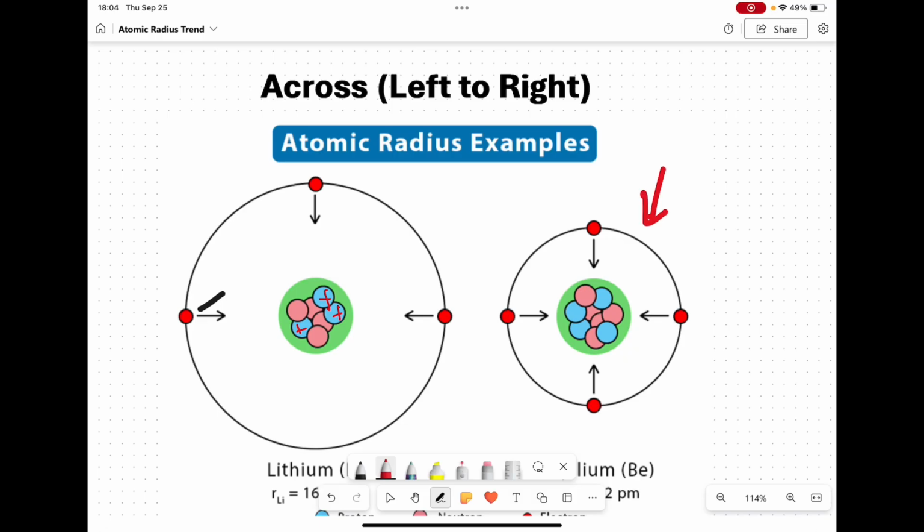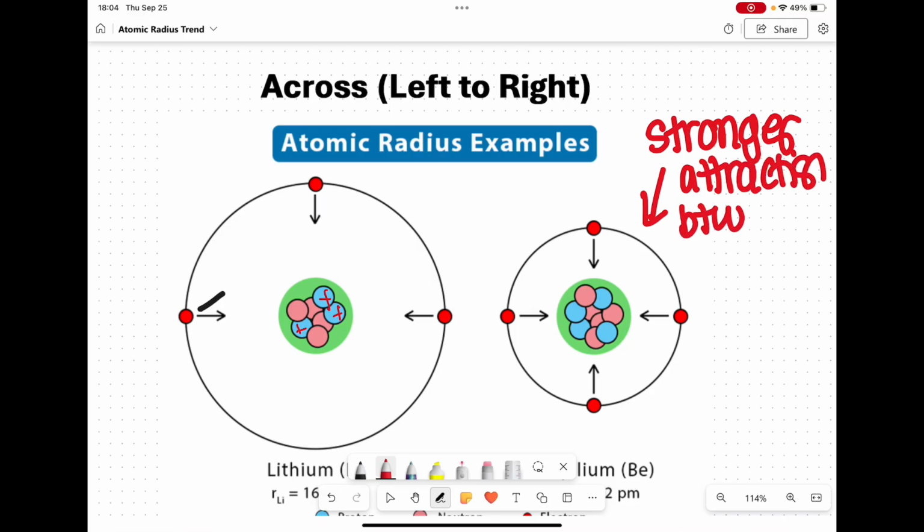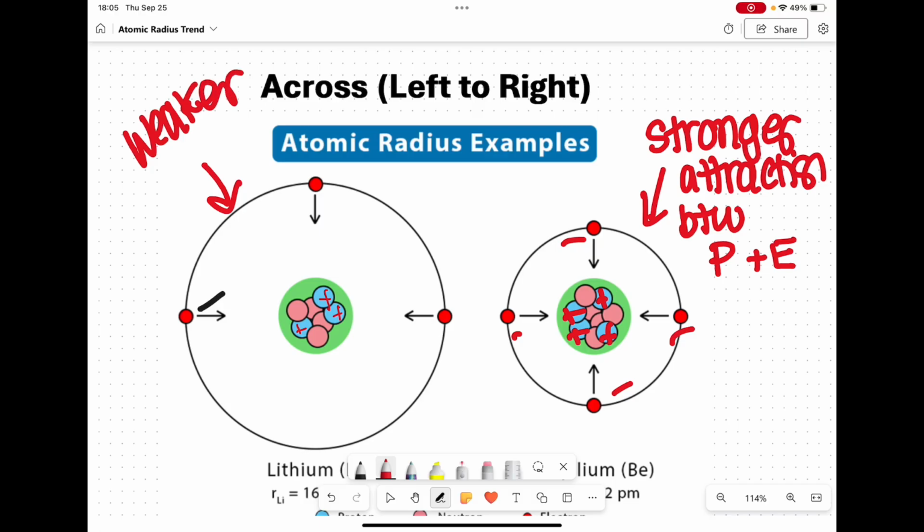So beryllium has a stronger attraction between those two because it has more protons. It has 4 protons and 4 electrons. Lithium has a weaker attraction to the center because it has fewer protons and electrons, which means there's less attraction.